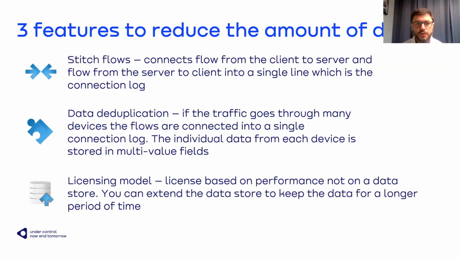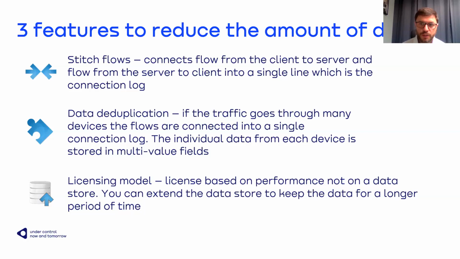The second feature is data deduplication. In the network, we usually see the same communication which goes through many different devices. So communication from the client in the branch office and the server in the main office means that the packets go through few devices in the network.